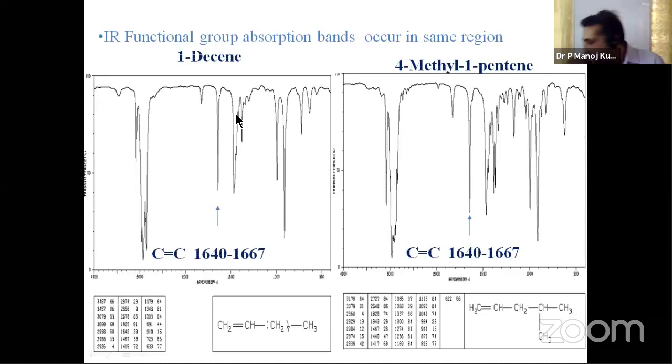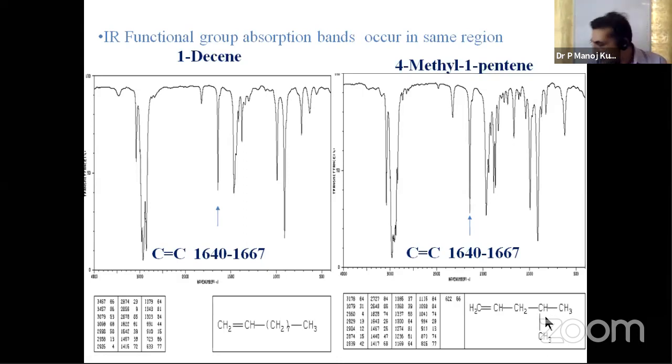So we are coming to this particular aspect of the spectrum. See here, what I have shown in the slide are two different compounds. Both are alkenes, but one has an unbranched side chain, whereas the other one has a branched side chain.